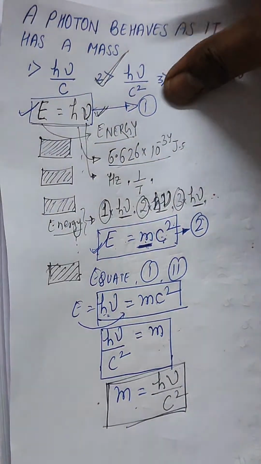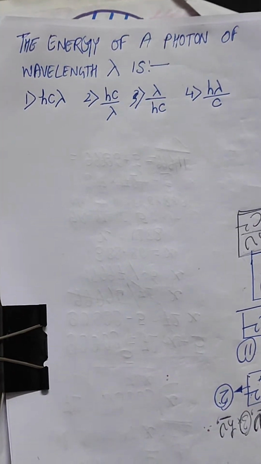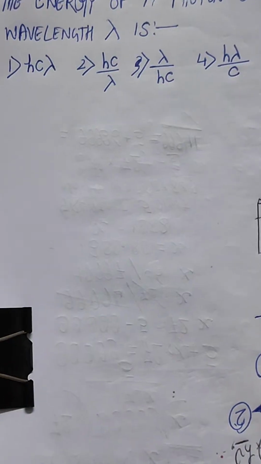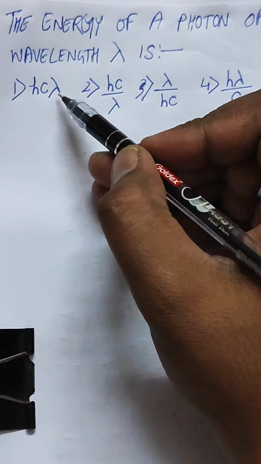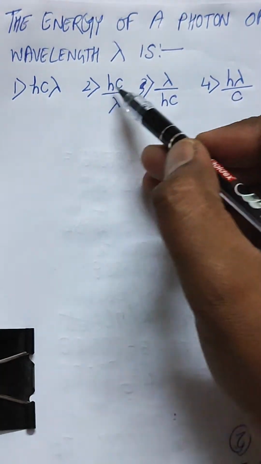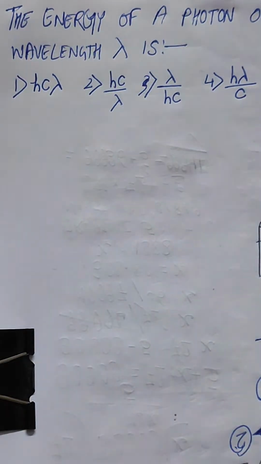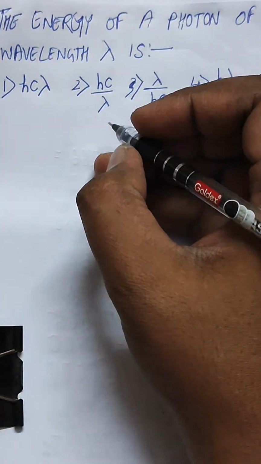Now let us take the second question for today. The second question is: the energy of a photon of wavelength lambda is (a) hc by lambda, (b) hc lambda, (c) lambda by hc, or (d) h lambda by c. As we already discussed, E equal to h mu by Planck's equation.